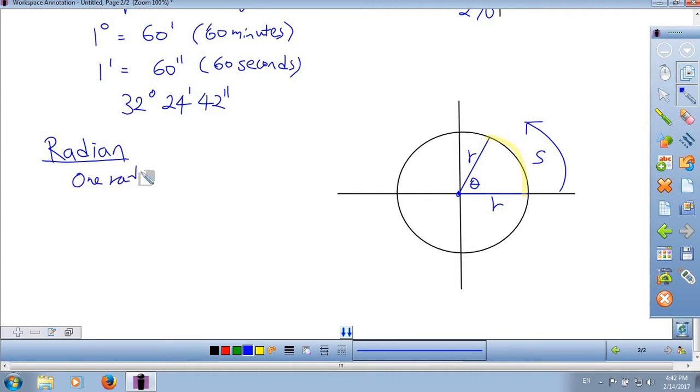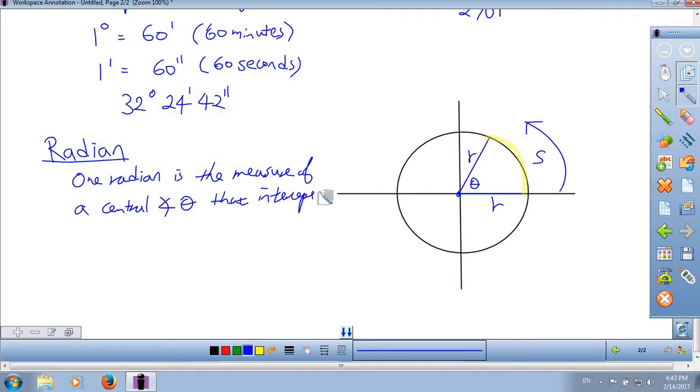So 1 radian is the measure of a central angle theta that intercepts an arc s equal in length to the radius of the circle.